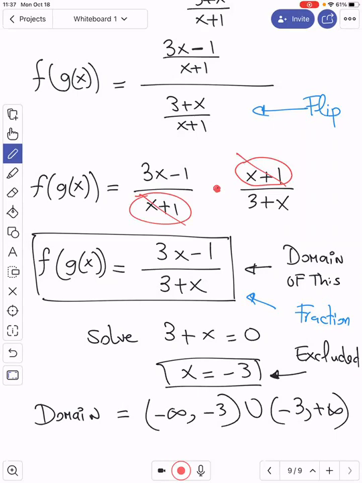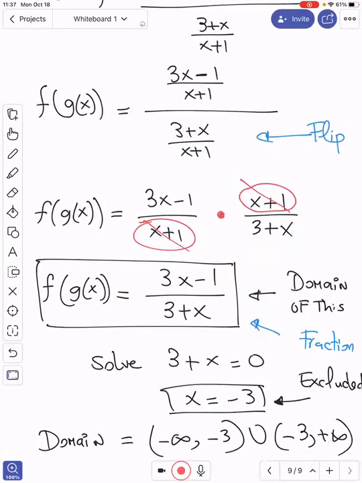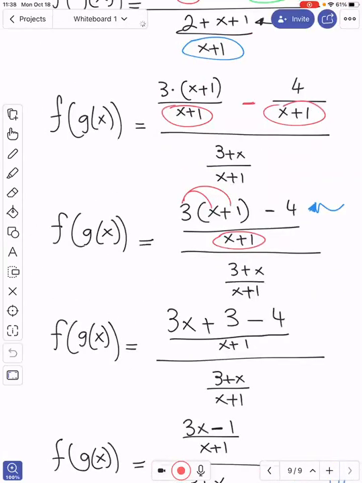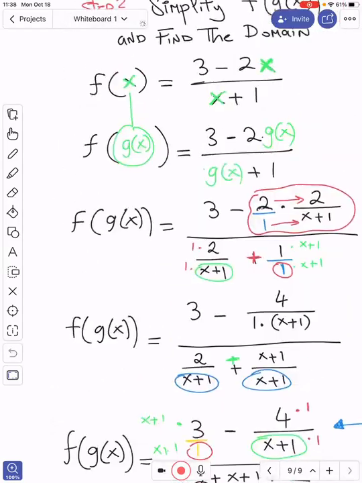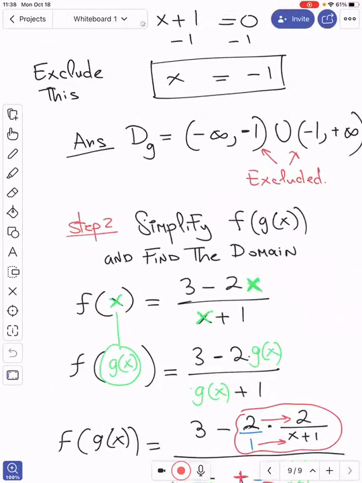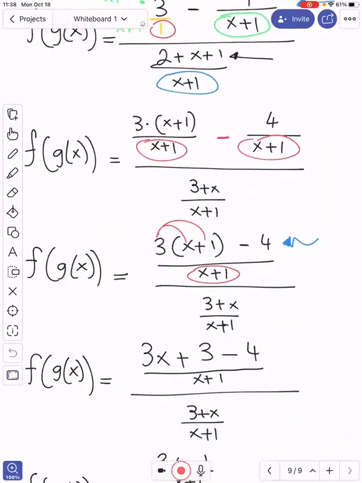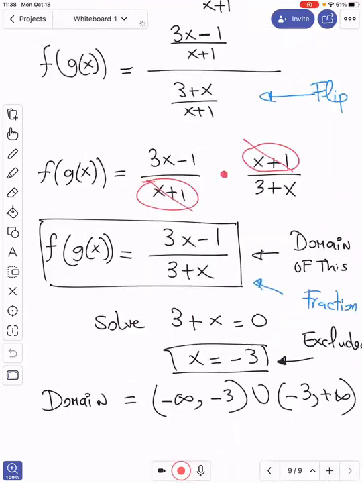So that's your second step. Now, in the last step, you take the intersection of the domains in the first and the second. The domain of g in the first step, we excluded -1. So we excluded -1. Here we have to exclude -3.